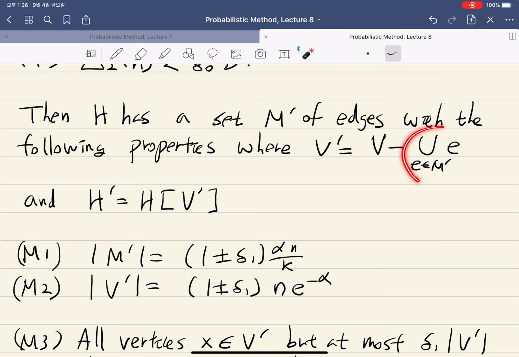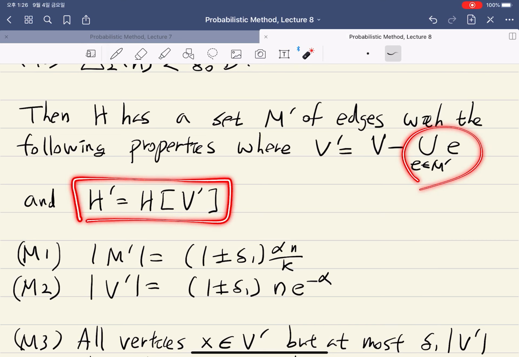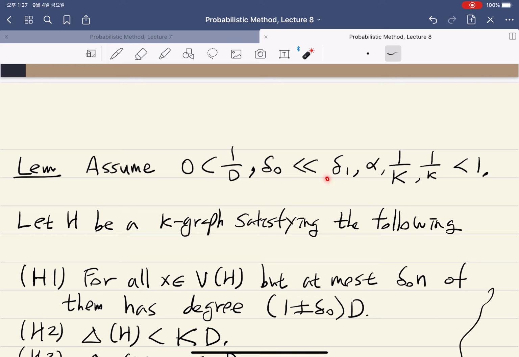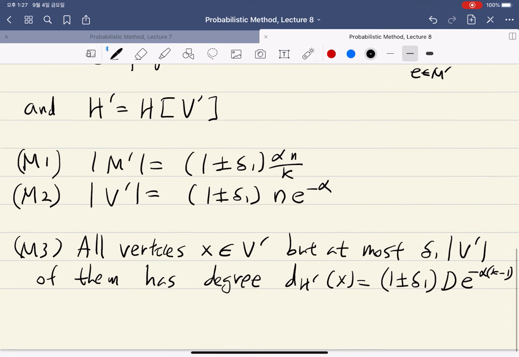In the hypergraph induced by the remaining vertices, all vertices except a small number of them have the correct degree d times e to the minus alpha times k minus 1, with some error parameter delta 1, which we can choose ourselves.